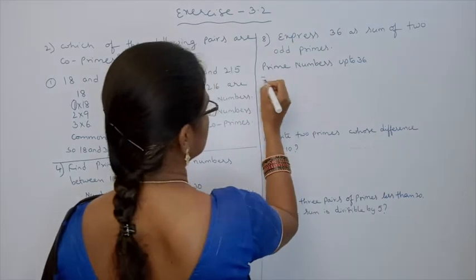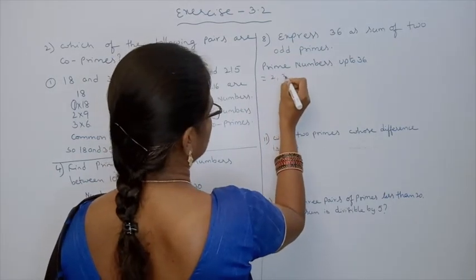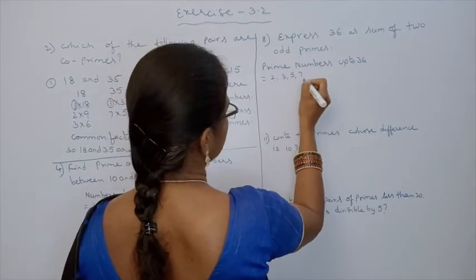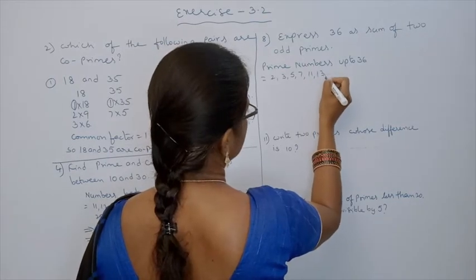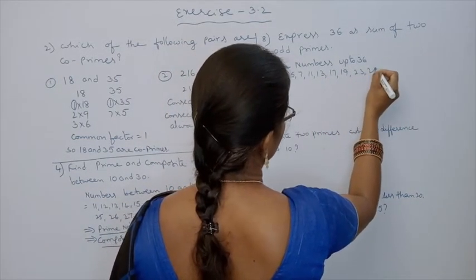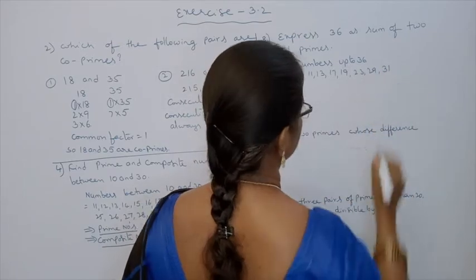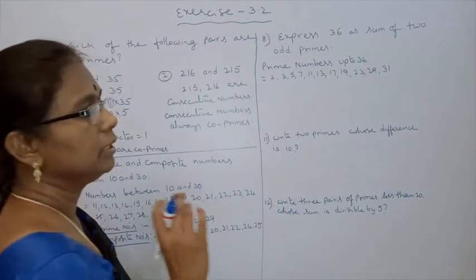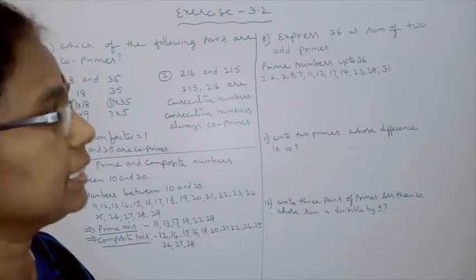What are those? 2, 3, 5, 7, 11, 13, 17, 19, 23, 29, 31. These are the prime numbers below 36.